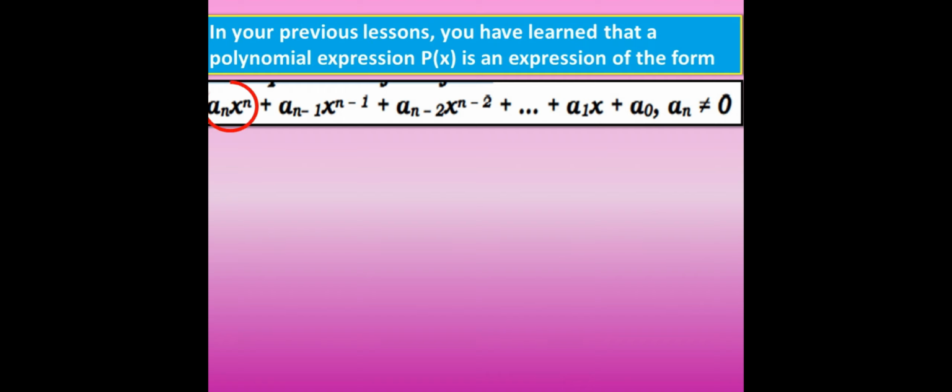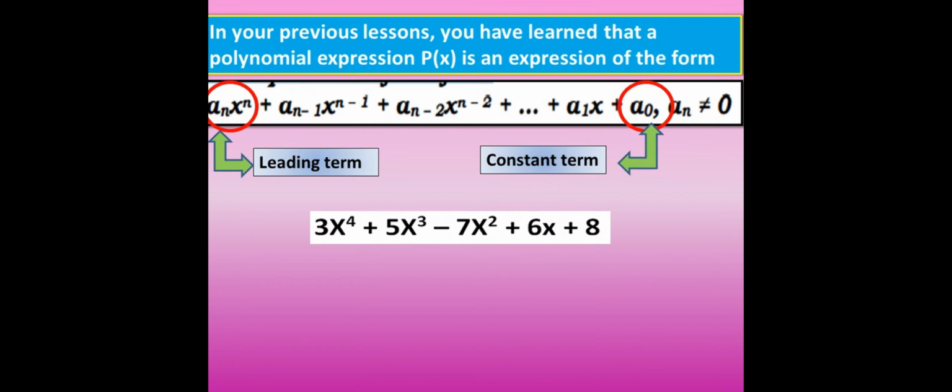So this a sub n times x to the n is your leading term and this a sub 0 is our constant term. For example, we have 3x to the 4th power plus 5x cubed minus 7x squared plus 6x plus 8. Our leading term is 3x to the 4th, the leading coefficient is 3, and our constant term is positive 8.